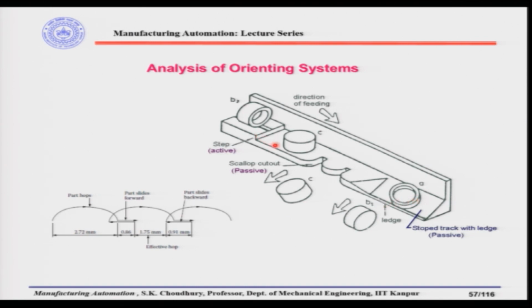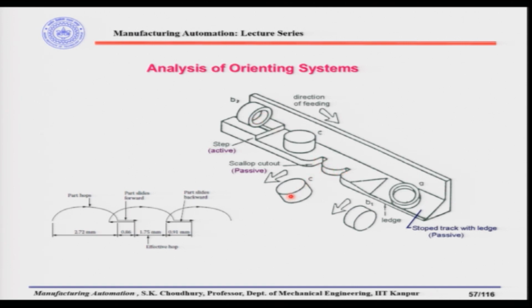Now, after the step, there is a scallop cutout here. Through the cutout, the parts with orientation C will not be able to go through, because this inside open space cannot negotiate this space, and they will fall.